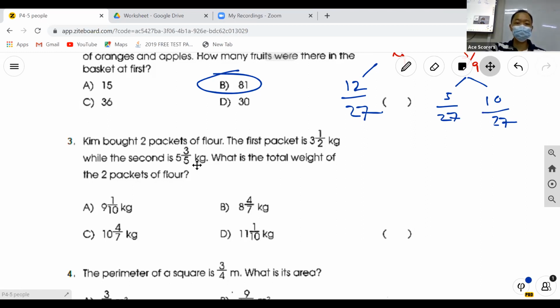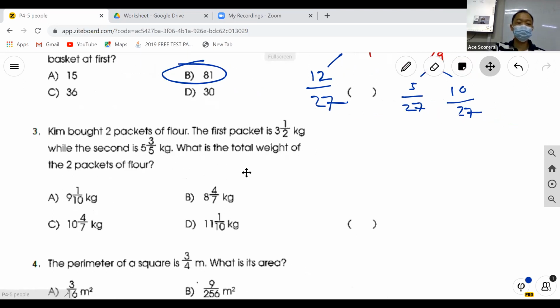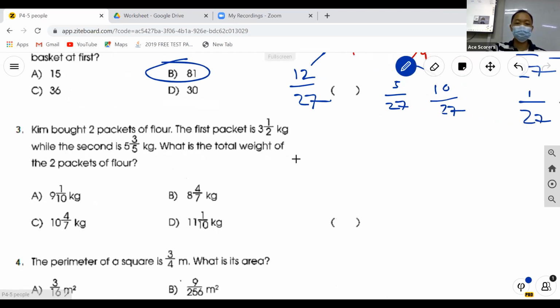Kim bought 2 packets of flour. The first packet is 3.5. The second is 5 and 3 over 5. What's the total weight? So to find the total weight, you add them together. 3.5 plus 5 whole 3 over 5. Now we need to find the common denominator.